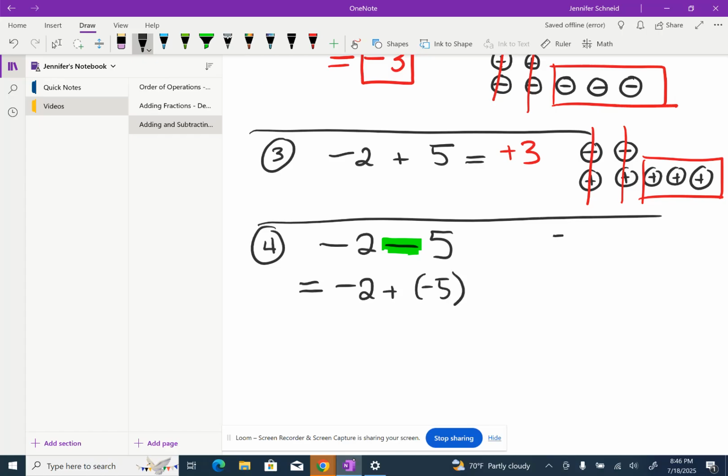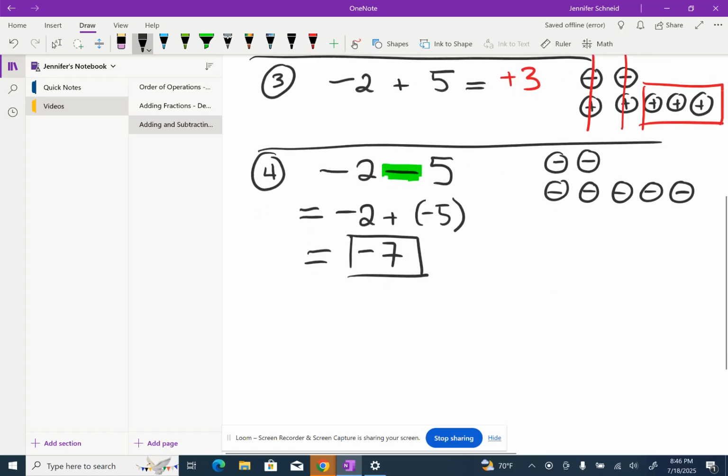And so that means I have 2 negatives, and then I have 5 more negatives. And so how many total negatives do I have? I have negative 7. And so negative 2, and then we have a negative 5 also. That gives us our negative 7.